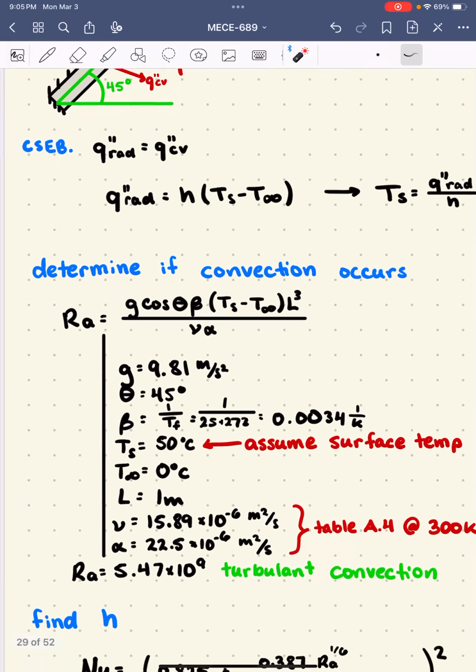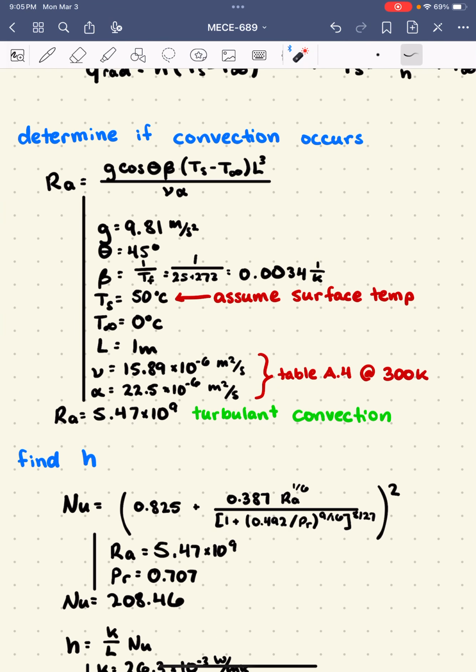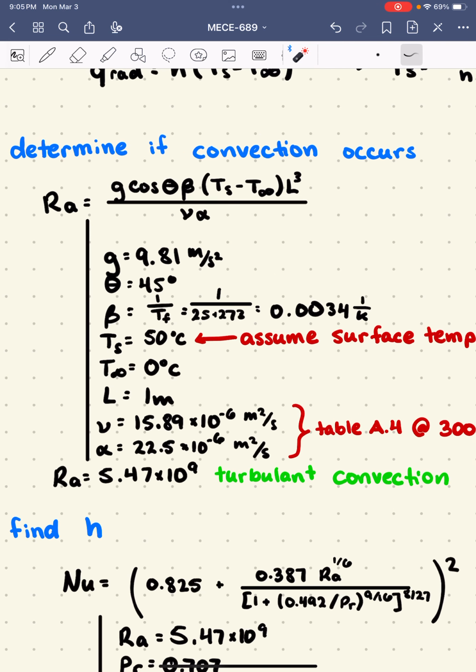So, to start out, we want to determine if convection is occurring at this bottom surface. In order to do that, we calculate the Rayleigh number. For the Rayleigh number, we have to make a little adjustment to add cosine of theta here to account for the angle that it is at.